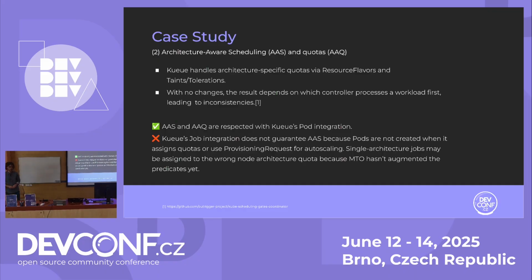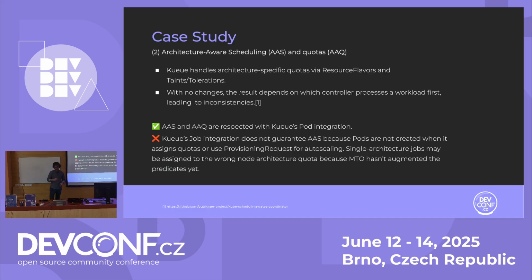Well, in that case, with no changes to any of the operators, with no other modifications in the Kubernetes cluster in general, the result is very random. The result depends on which controller runs first. If the MTO runs first, we have information about the architecture, the supported architectures. If Kueue runs first, you can assign a workload to a quota, to the ARM64 quota, although that pod in the future will not support, cannot be run on that architecture.